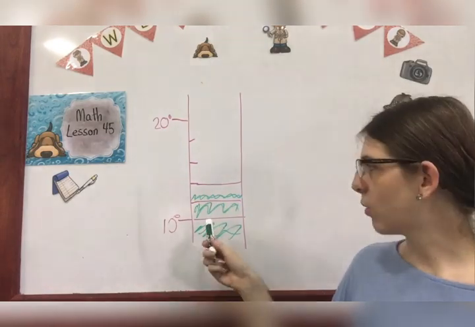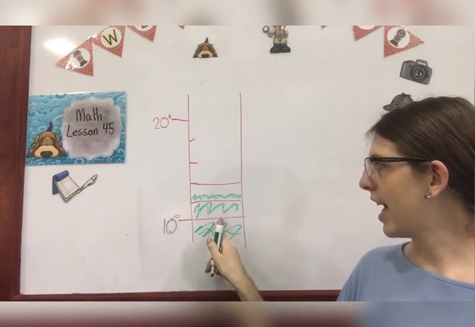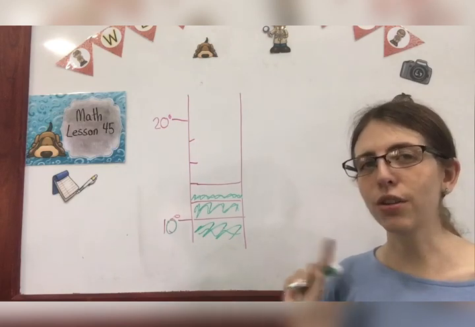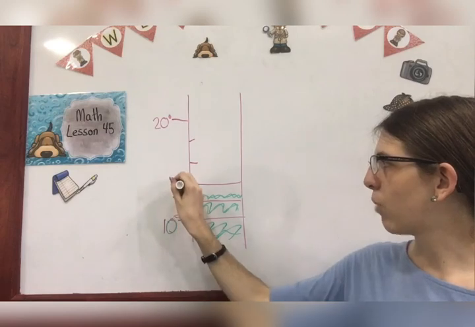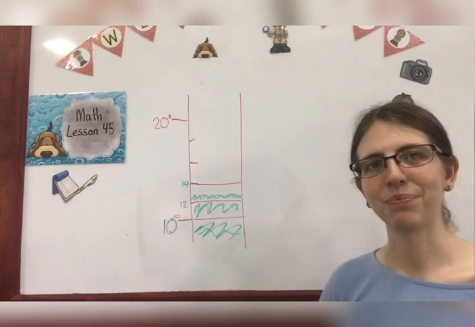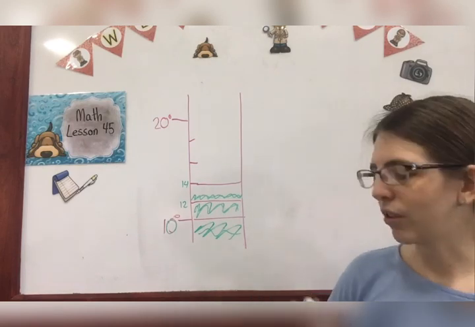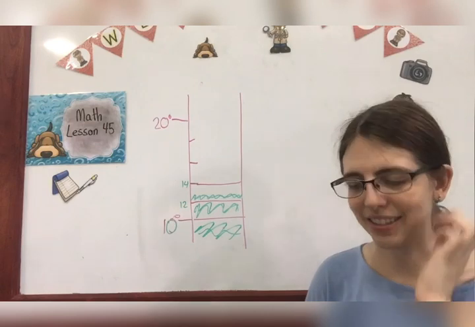So it's not quite, this would be 10, 12, 14, but it's not quite to the 14. So what number is in between 12 and 14? 13. So letter C is 13 degrees Celsius.